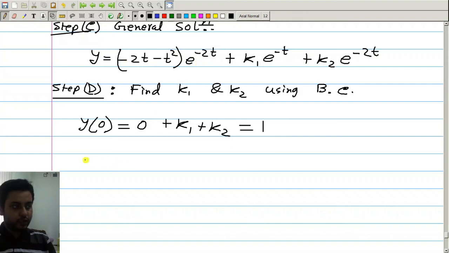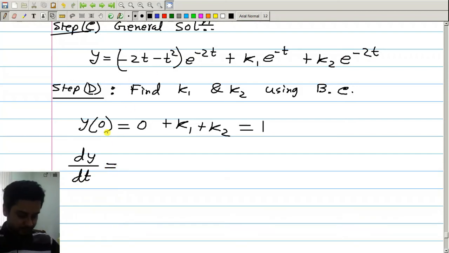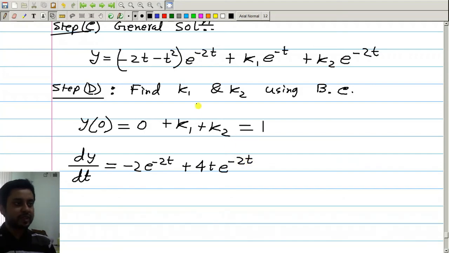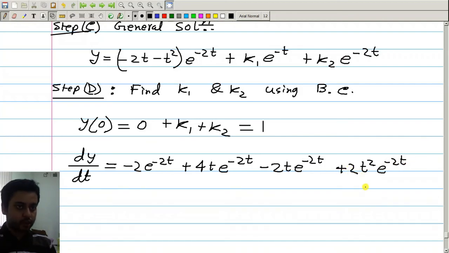If we differentiate this equation, we shall get from here minus 2 e to the power minus 2t, then minus 2t into minus 2, so that will become plus 4t e to the power minus 2t, then minus 2t e to the power minus 2t, then minus t square e to the power minus 2t multiplied by minus 2.